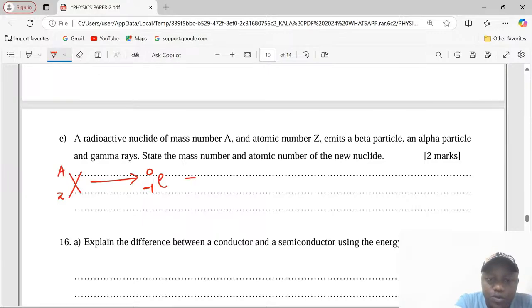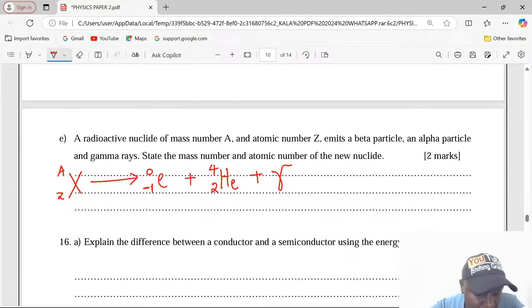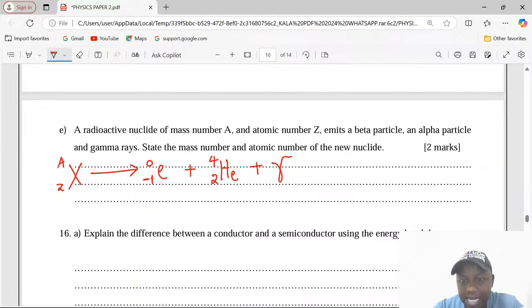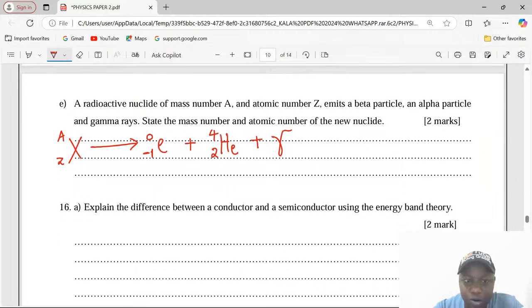Then we are also losing what? An alpha particle, which is a helium particle, 4, 2. Then we have gamma radiations, which are just a form of energy, with no significant change in the mass number and the atomic number.